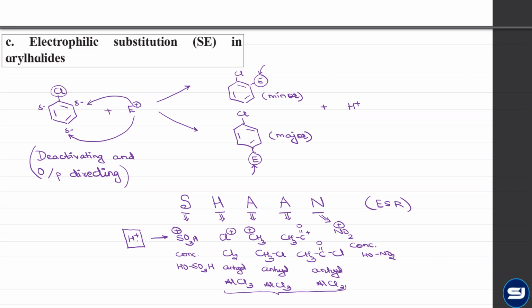The H plus of the chlorobenzene is getting substituted by SO3H in sulfonation by using sulfuric acid, Cl plus by using chlorine in anhydrous AlCl3, methyl plus by using methyl chloride and anhydrous AlCl3, acyl by using acyl chloride in presence of anhydrous AlCl3, and NO2 plus by using concentrated nitric acid. Clear?